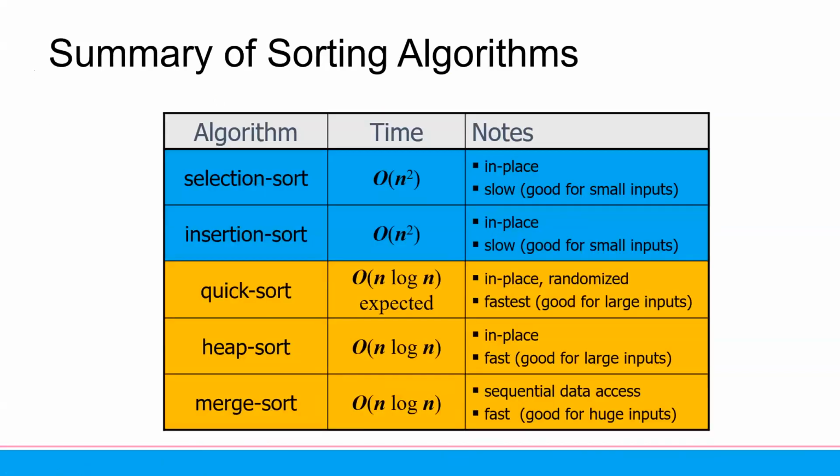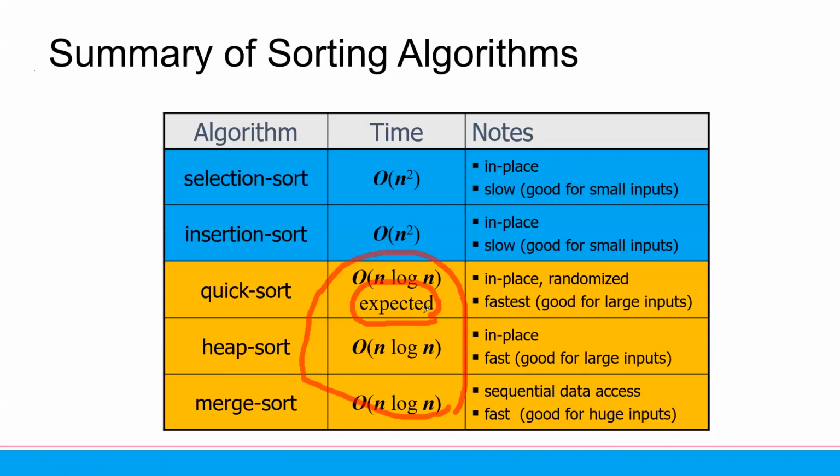Yeah, based on this performance analysis, okay, we can check which one is the best one. So at the final presentation, I hope that you can also show this kind of algorithm analysis. Quicksort, okay, it is n log n expected. Why is it expected?